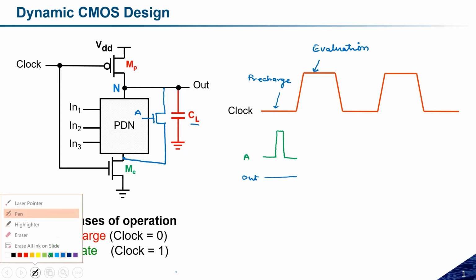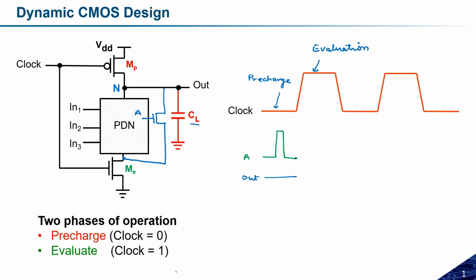Now let us talk about if I went into the evaluation phase, and during the evaluation, if the logic is low, in this case this NMOS transistor, whatever we have provided, will not be activated. And if this is not activated, output will remain the same. It will not be changed. But let us assume I have changed the input from 0 to 1 for some instant of time.